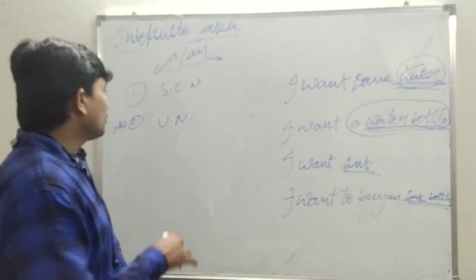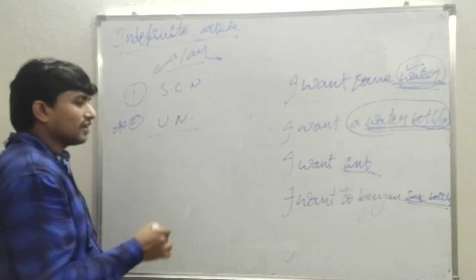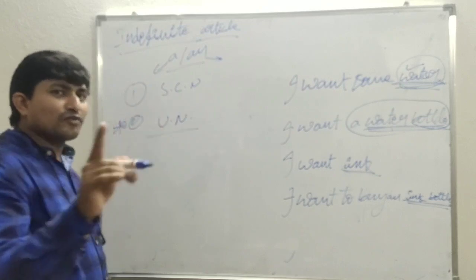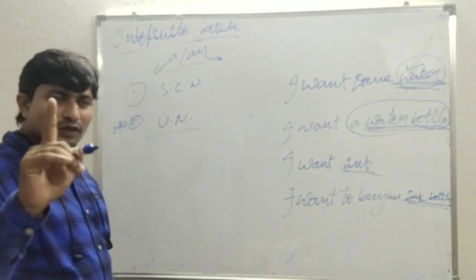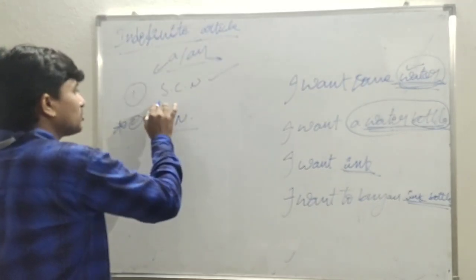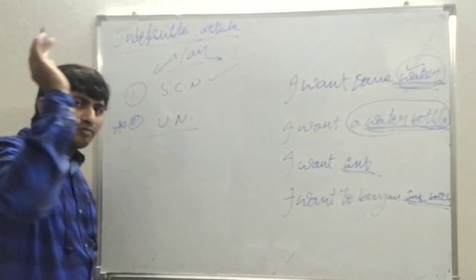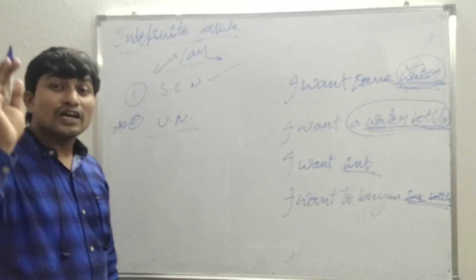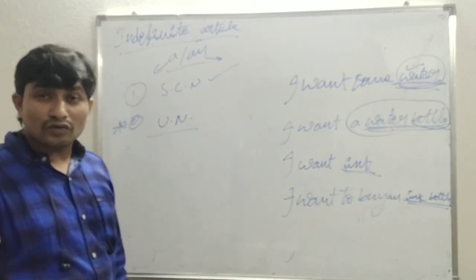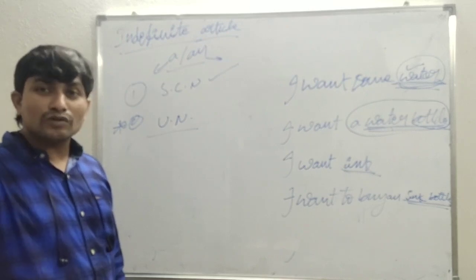Now, I don't want you to get confused. So here you have to fix with only one rule. This is the rule: an indefinite article must be used in front of a singular countable noun. It cannot be used in front of plural countable nouns as well as uncountable nouns.